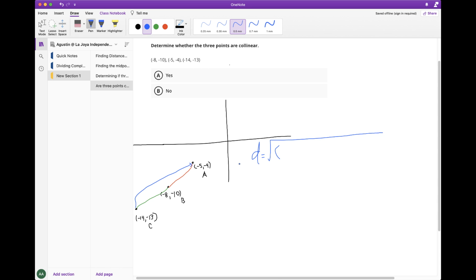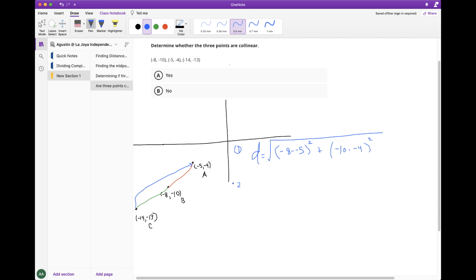So on this one, x2 minus x1, so -8 minus -5, squared, plus -10 minus -4, squared. So that's setting up the first one, right?